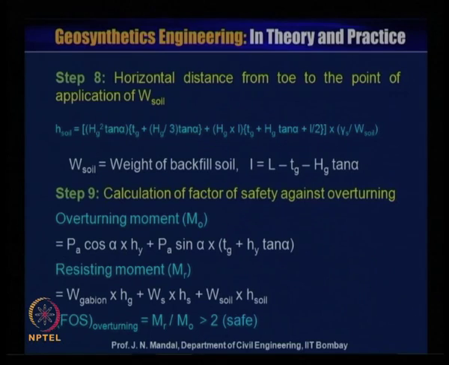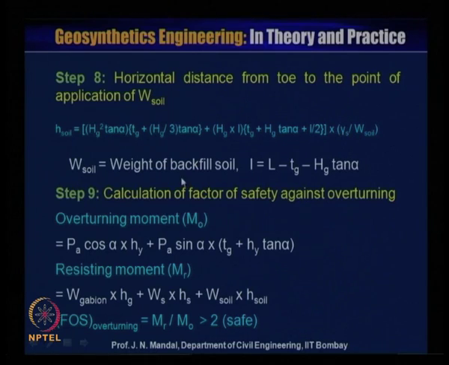Step 8, horizontal distance from the toe to the point of application of W soil. So here, again, H soil is equal to Hg square into tan alpha into Tg plus Hg by 3 into tan alpha plus Hg into L into Tg plus Hg tan alpha plus L by 2, into gamma S by W soil.